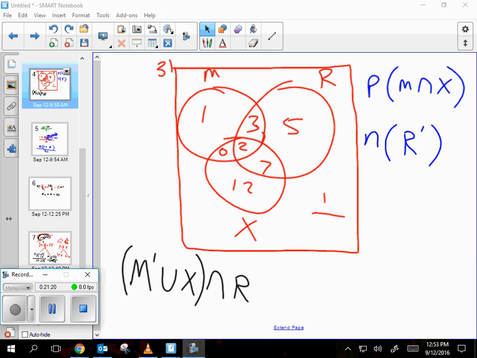If you do some work ahead of time to shade this and shade that and then overlap the shade, clean it up so the only thing that's shaded is the final answer. And I want you to compare your three answers to the kid sitting next to you.